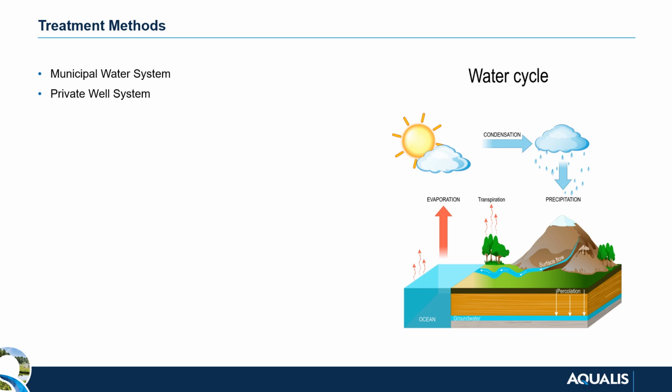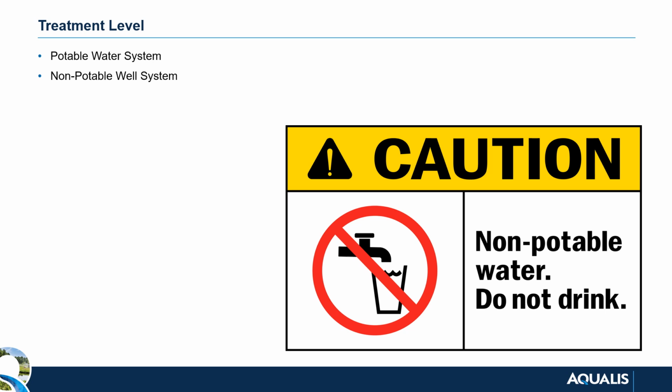Treatment methods vary depending on the type of system you're on. For a municipal water system, water is treated by a public utility or municipality to meet specific quality standards before distribution to consumers. In a private well system, water obtained from private wells without centralized treatment often requires individual water treatment and testing.